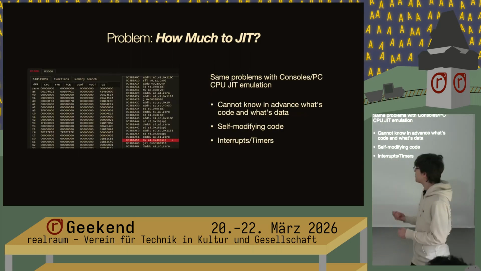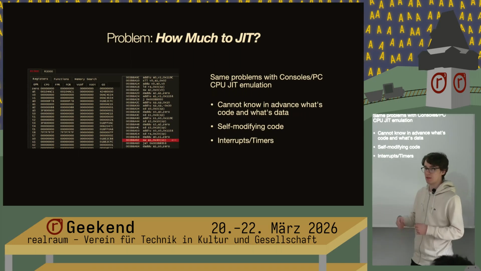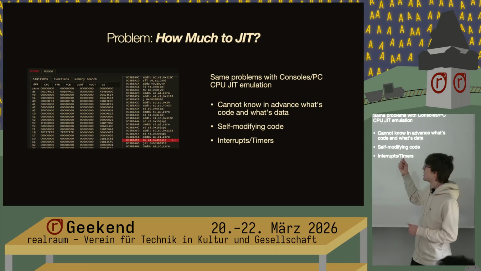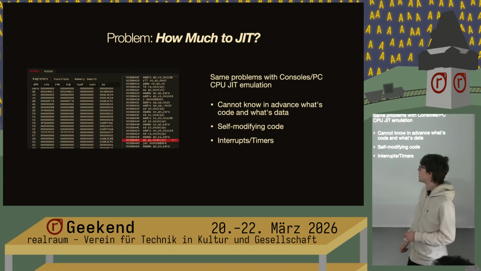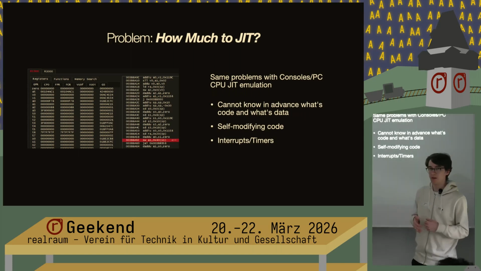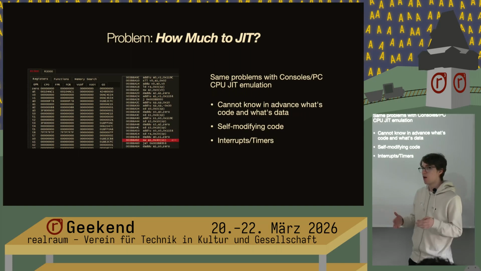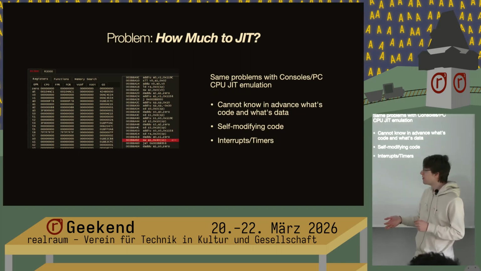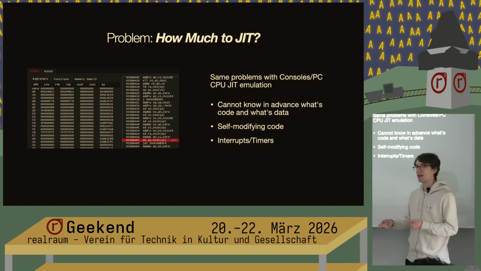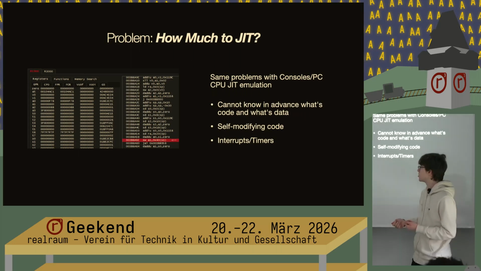And this is not only a problem with JavaScript and Python and so on. This is also a problem if you're building an emulator. For example, that's a screenshot from a PS1 emulator, I think. You cannot know in your entire ROM what is going to be code and what's going to be data. You can try to predict that, but then you will make mistakes for sure.